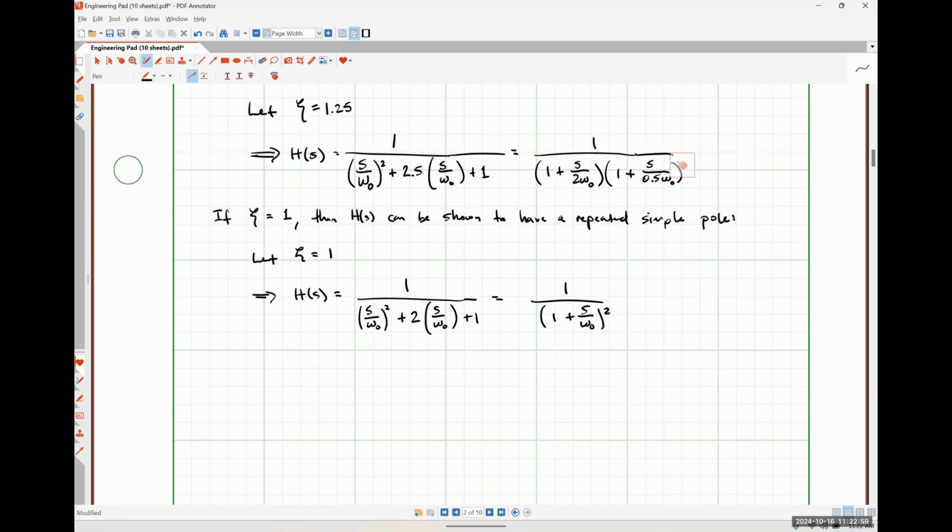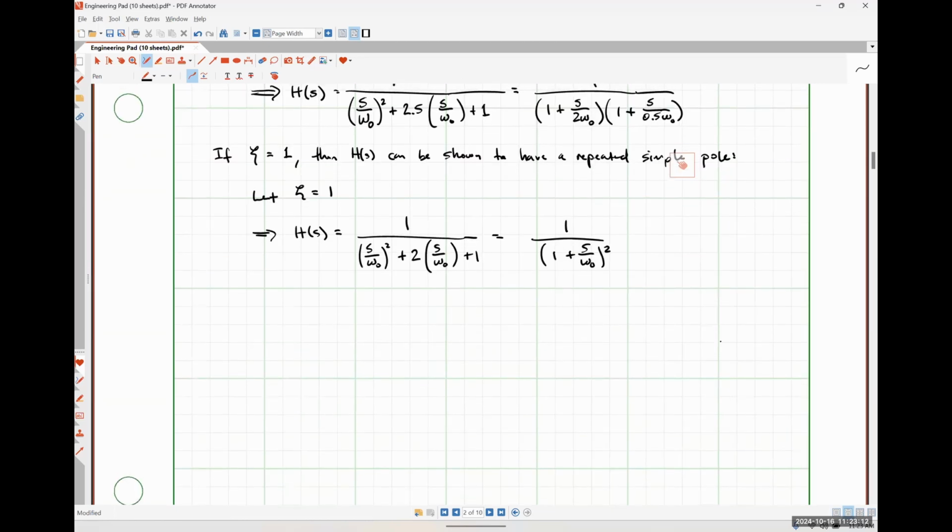So now we're going to look at what happens when zeta is between 0 and 1. Can't be negative, so it's just going to be some number less than 1, okay? So when 0 is less than zeta is less than 1, H of s will have complex conjugate poles.